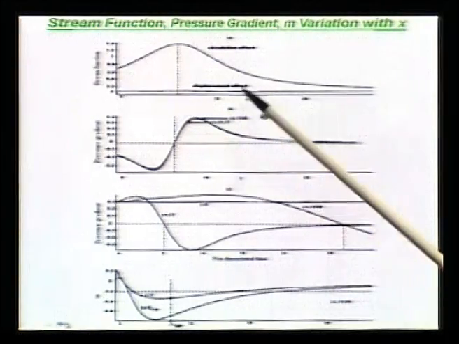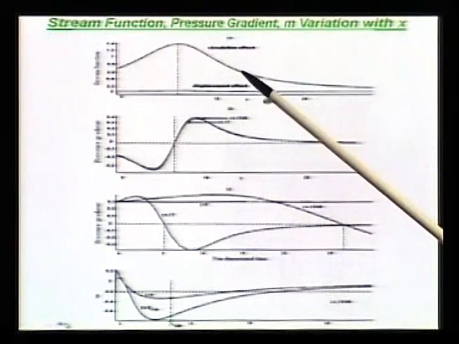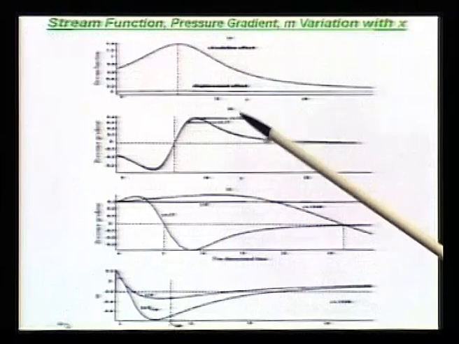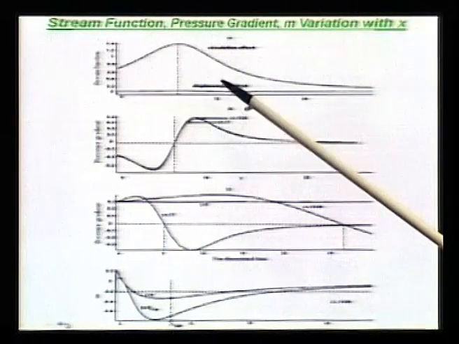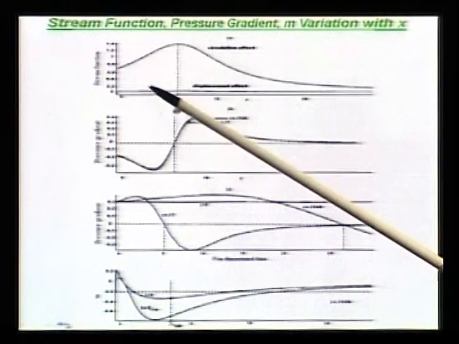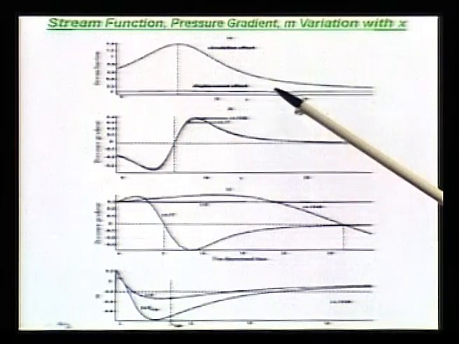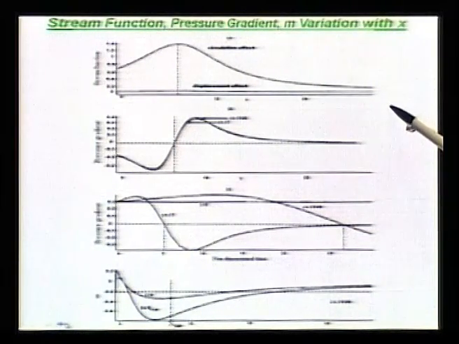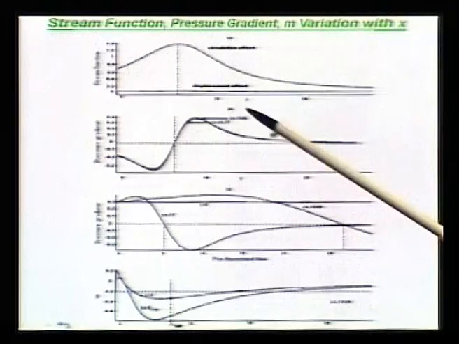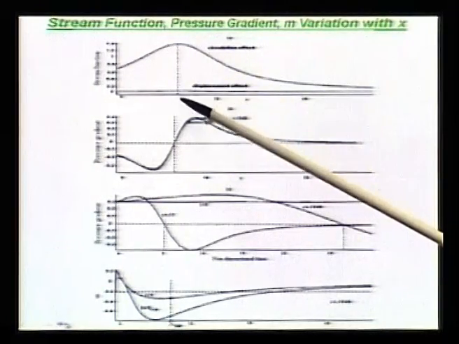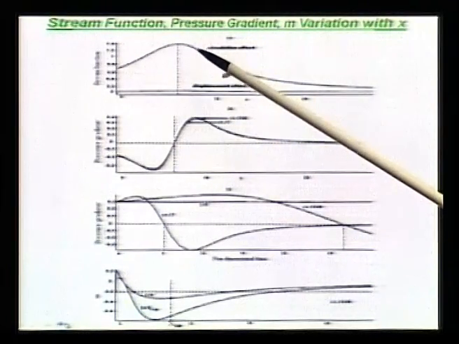as a function of x, that is plotted, and you have two paths. One path corresponds to the displacement effect, this horizontal quantity, and we have put in the vortex somewhere here along this vertical dotted line. Okay.